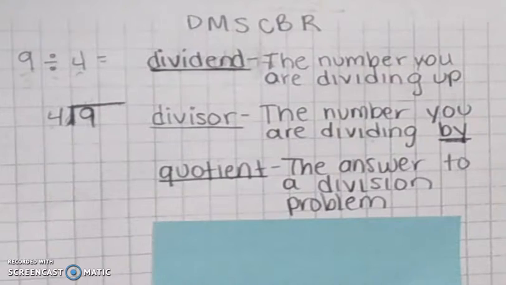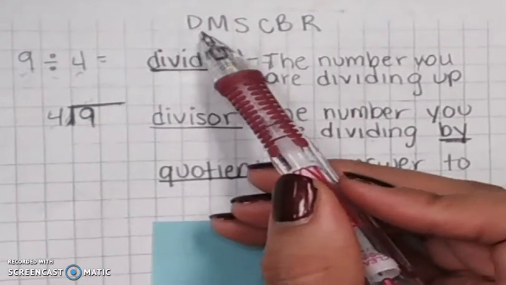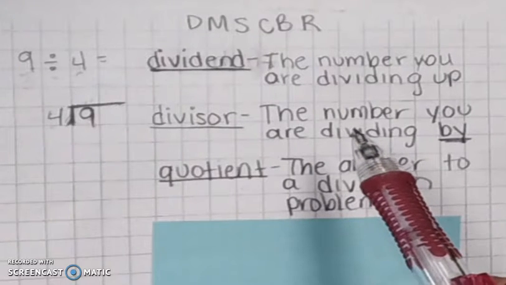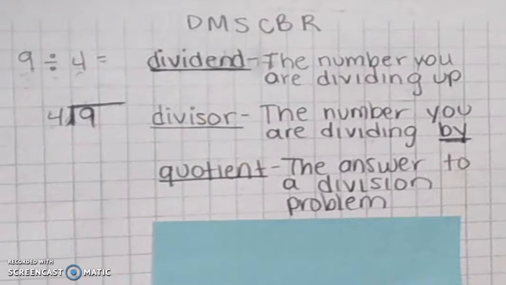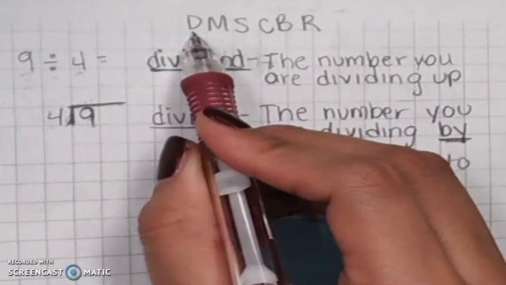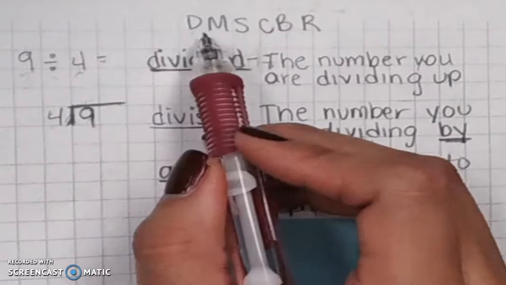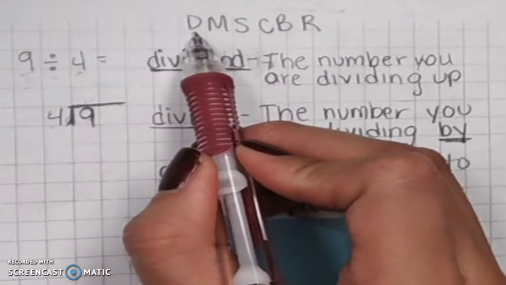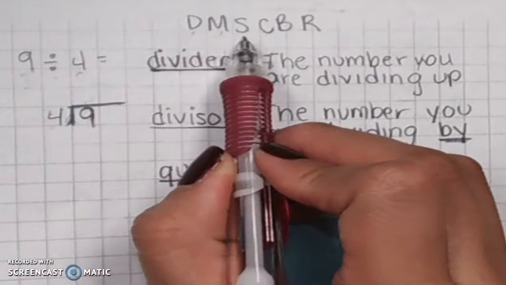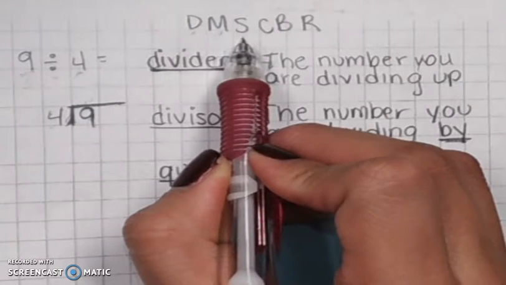Hopefully you got that. These are just letters to help me remember the steps that I need to follow when I'm dividing. So the D from the does is to remind myself to divide. Then I'm going to multiply. Then I'm going to subtract.